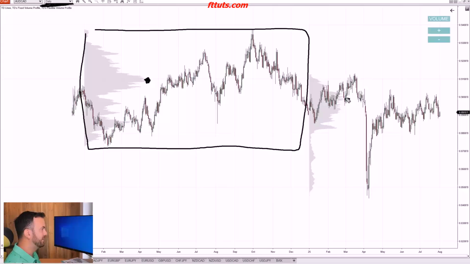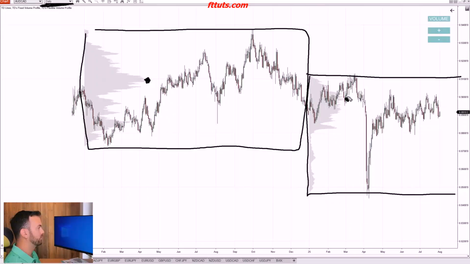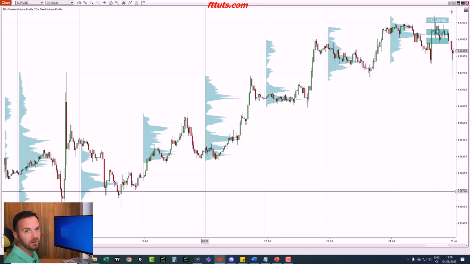I'll be interested in this point of control because this is the current year point of control, right? So depending on the time frame you trade, you should think of what kind of volume profile you actually want to trade. Most of you are probably going to be intraday traders, so we are going to focus mostly on trading daily point of control, which you can see right here on this intraday trading workspace.